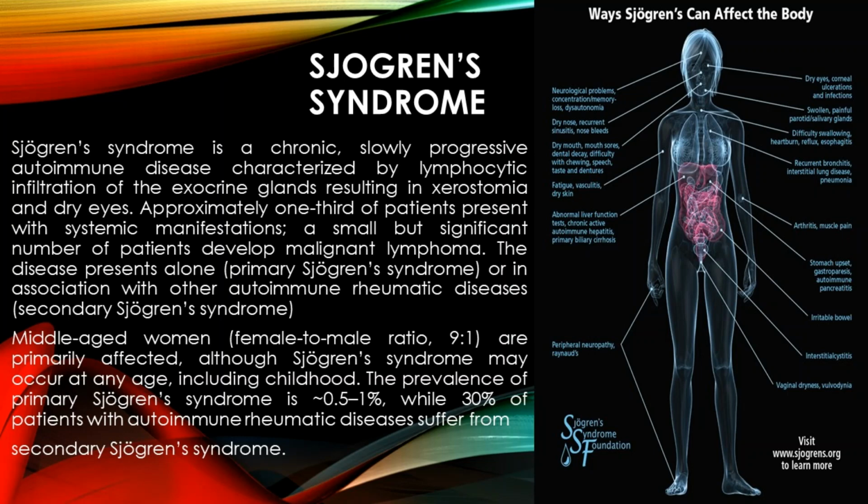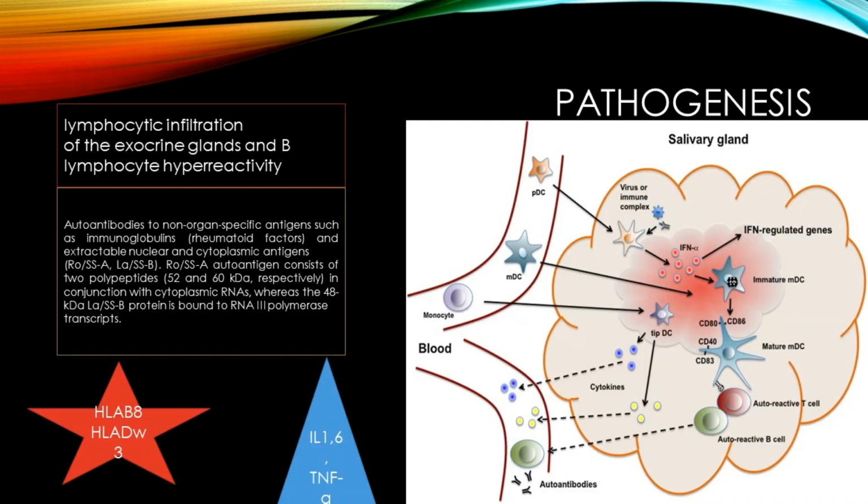We can have difficulty swallowing, heartburn, reflux, esophagitis, swollen, painful parotid salivary glands, dry eyes, corneal ulceration, infection. We can have caries and some dental problems, dry mouth, fatigue, vasculitis of skin, and so on.